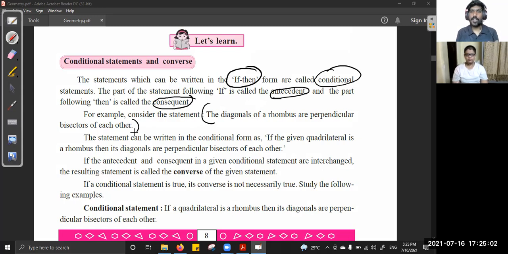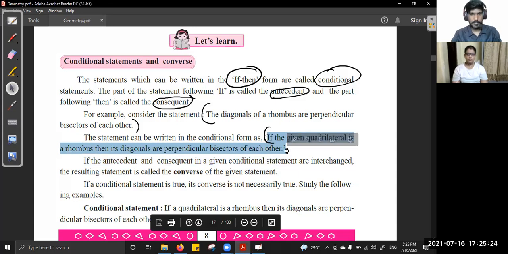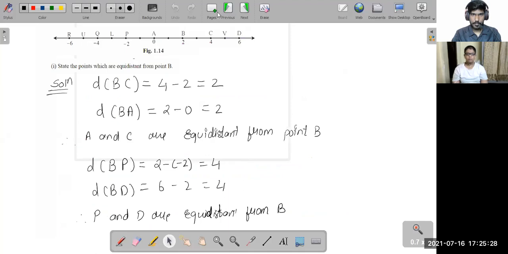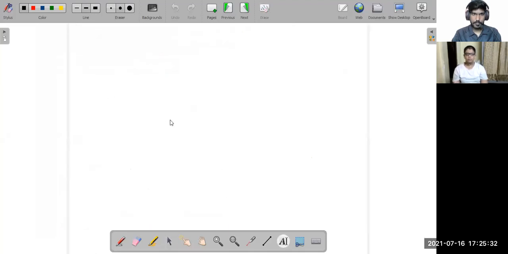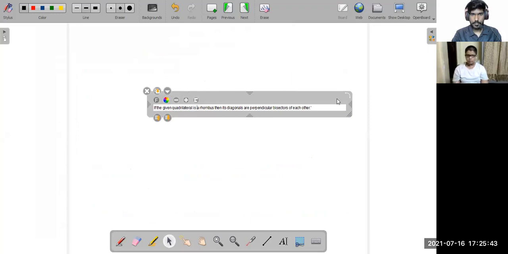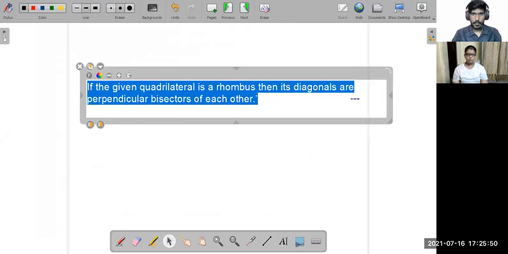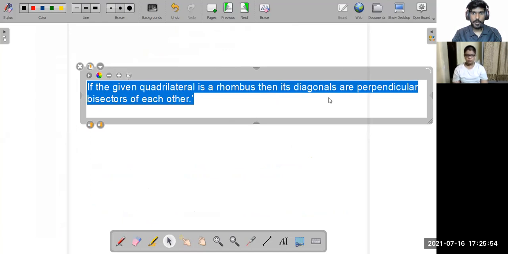If the given quadrilateral is a rhombus, then its diagonals are perpendicular to each other. This is an example of a conditional statement.